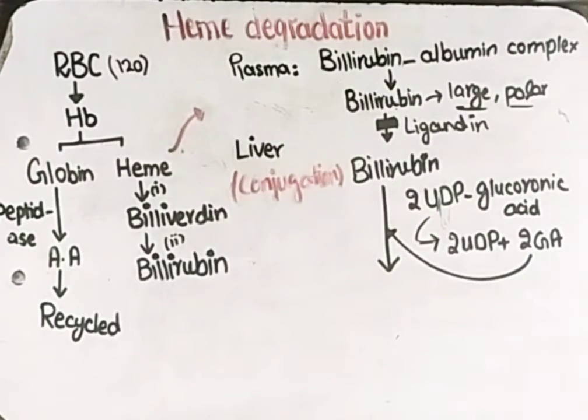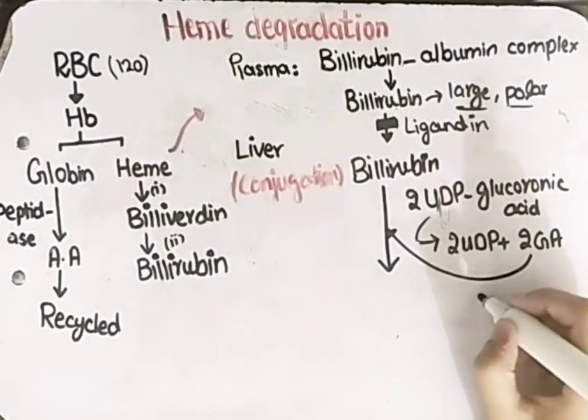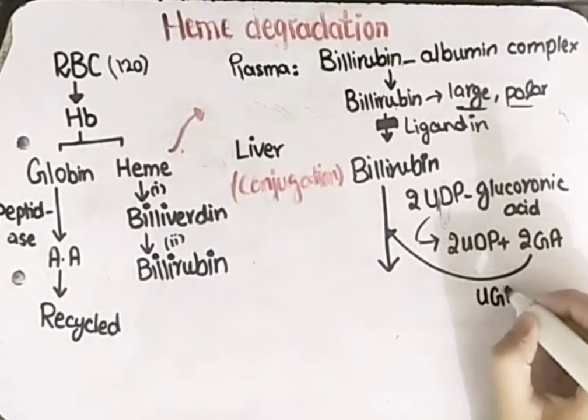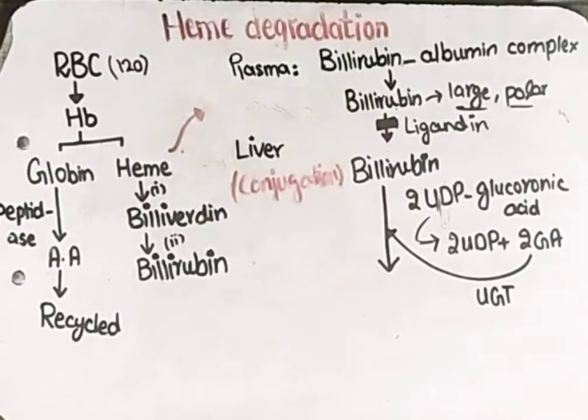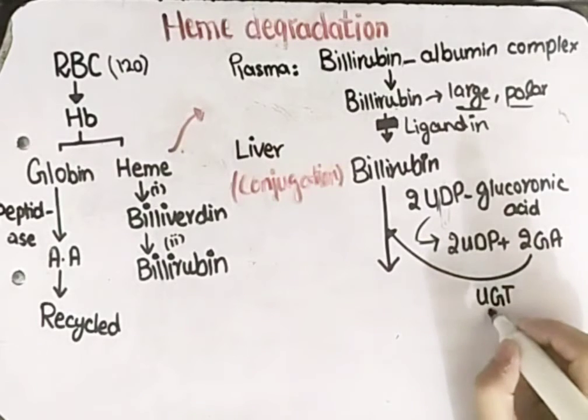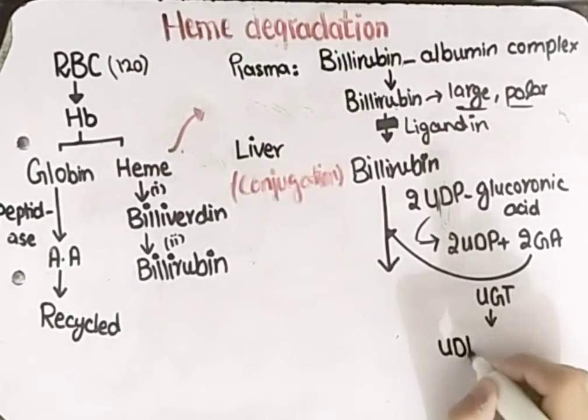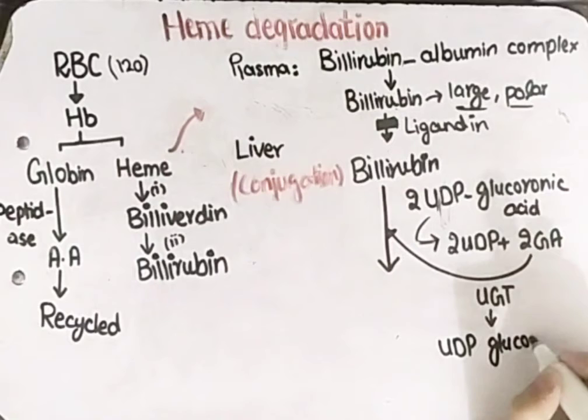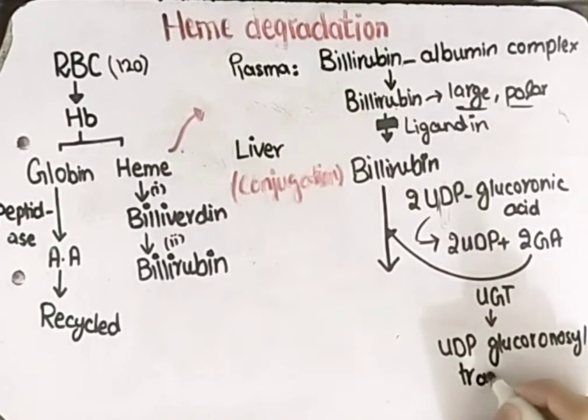This process again occurs with the help of an enzyme, which is UGT. What does this UGT stand for? UGT stands for UDP glucuronosyl transferase.